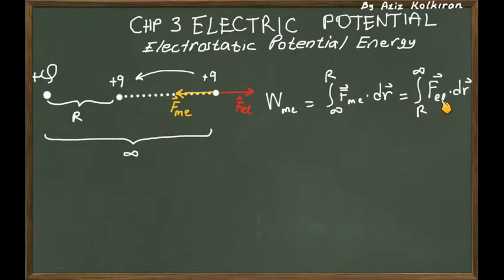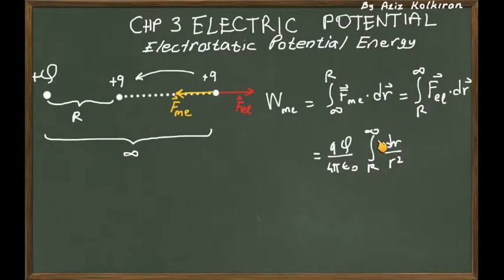So I can always write down this expression explicitly. It's just small q times large Q divided by 4 pi epsilon 0, or you can replace that by k. k, small q, large Q, divided by r squared, but r squared will be inside the integral because the integration variable is r.